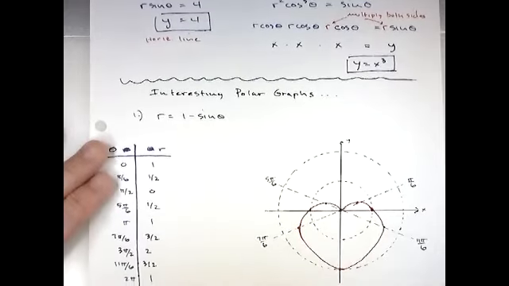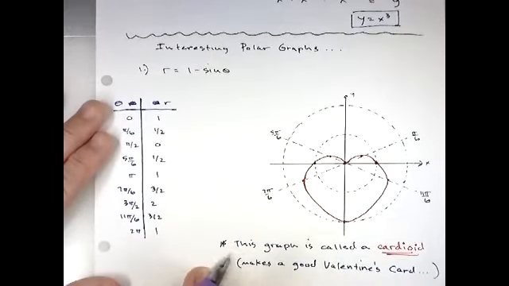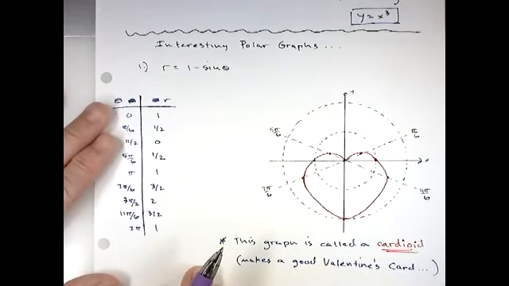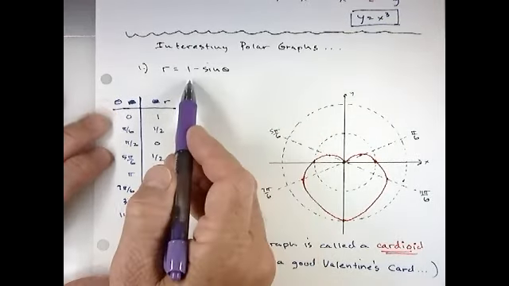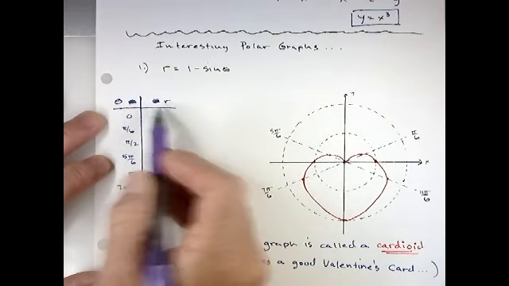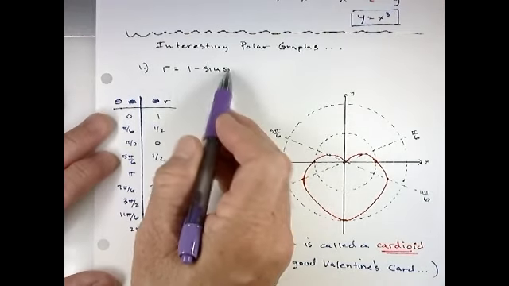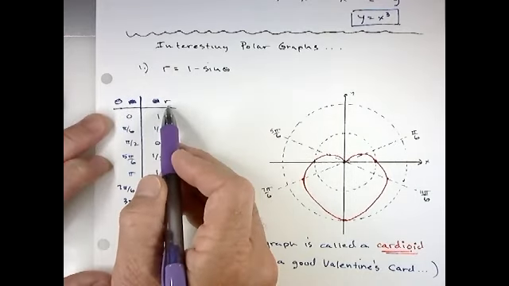Finally, there are some polar graphs that don't convert very nicely into Cartesian coordinates. And so if you get one of those and you're asked to graph it, I just wanted to show you a kind of popular one. What you can do is always pick values for theta and then figure out what your corresponding r values are.